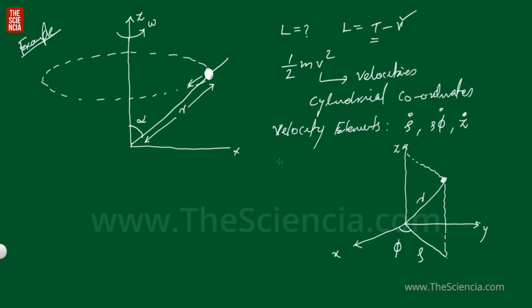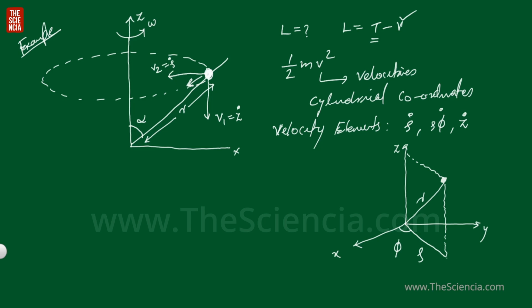Now look into the problem. In this problem, what are the velocity elements? Here you can see the bead is sliding in the downward direction, so there is a velocity in the z dot direction. That is, v1 is equal to z dot. Another velocity is there in the direction of rho dot.